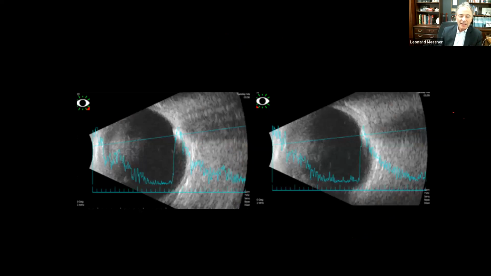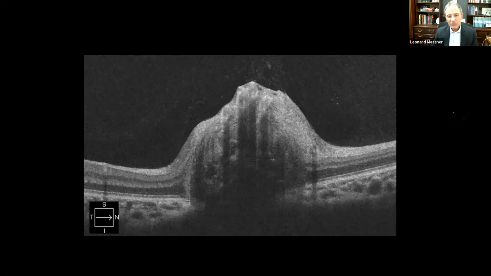So looking at his B scans, sure enough, there is evidence of hyperreflective material in the right eye, maybe not so much in the left eye. Looking at the raster scan, now remember, this was before the results of the optic disc drusen consortium.